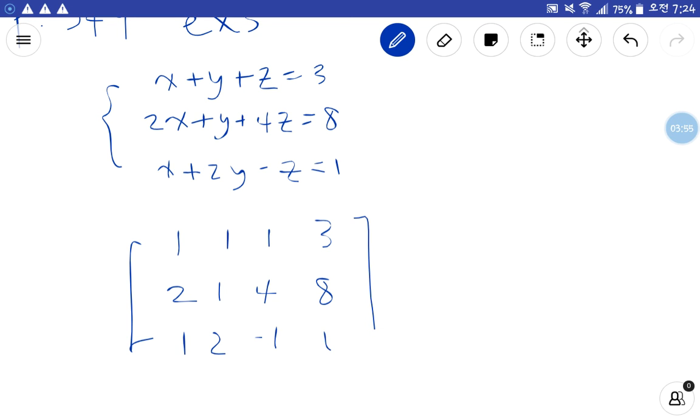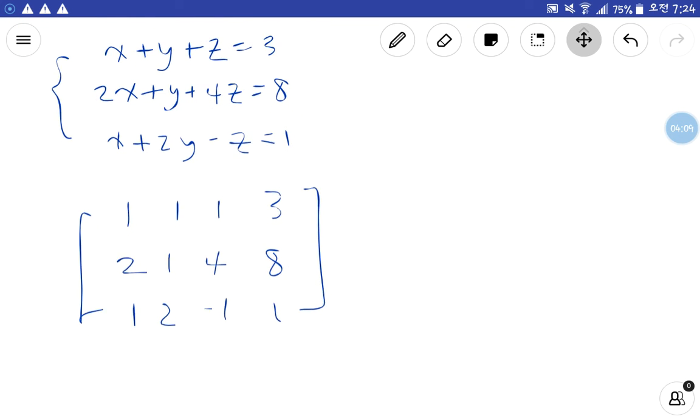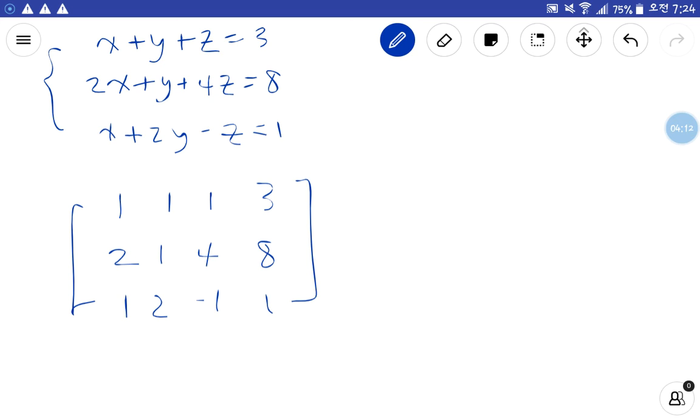I just want to double check before we start, I don't want to make any mistake. 1 1 1 3, 2 1 4 8, 1 2 negative 1 1. Yes. My goal from here is to make the row echelon form, you guys remember what it is, right?